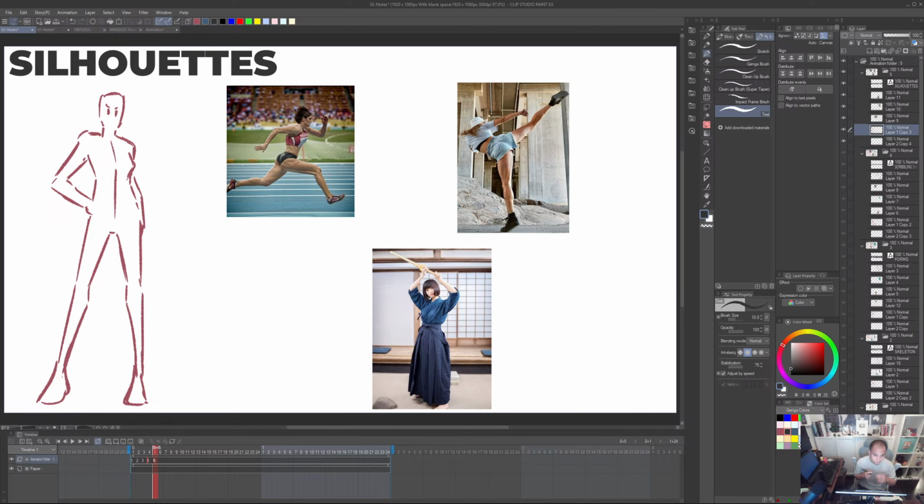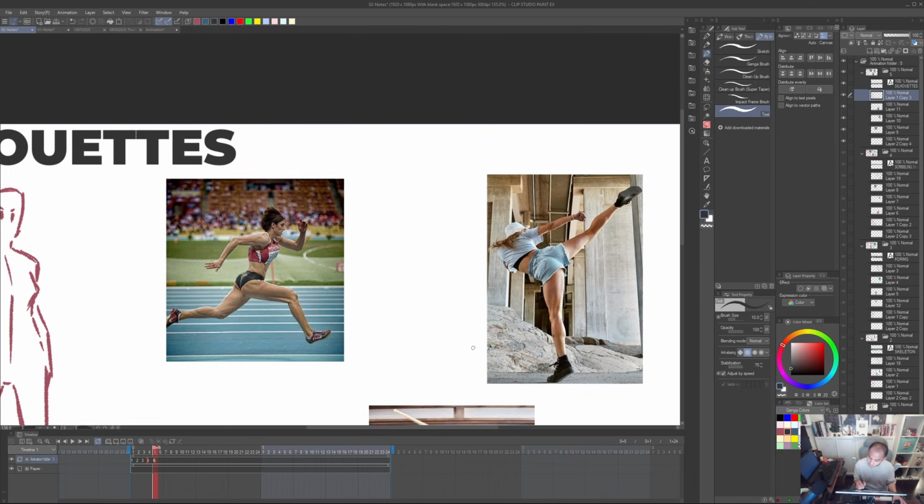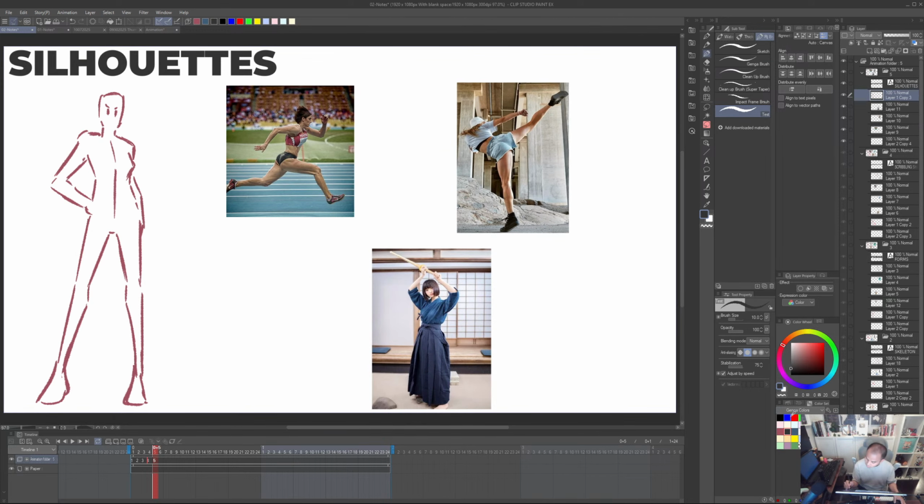So we are still trying to do our best to capture the essence of the pose, right? So let's say over here we go on this simple character. Let's focus on just the silhouette. Sorry, focus on the outline of the body, to clearly define the silhouette.